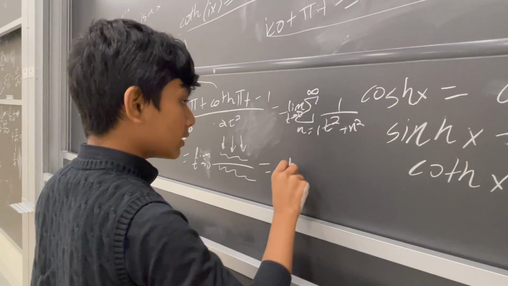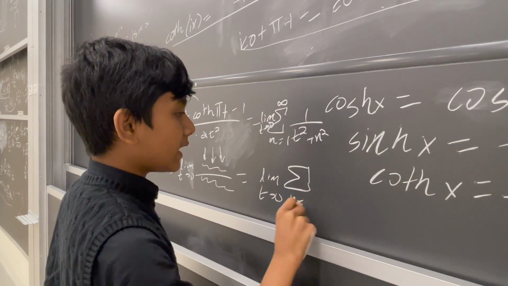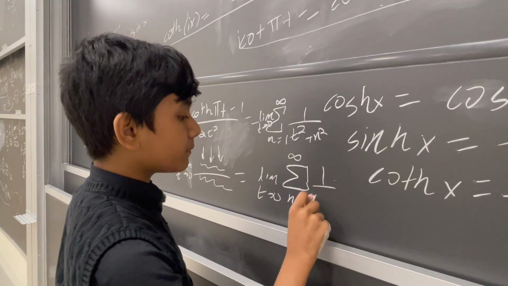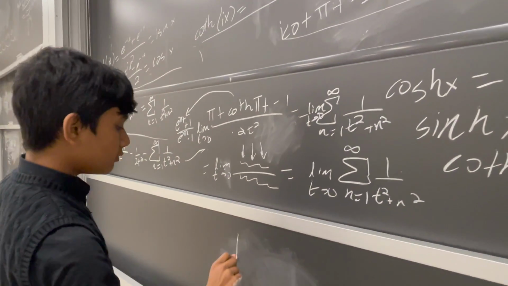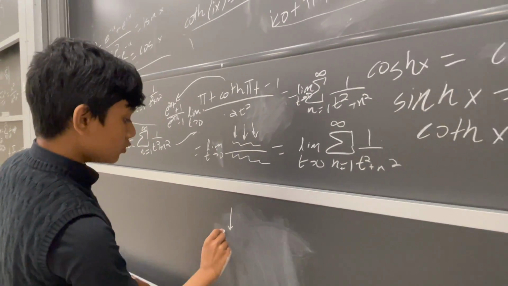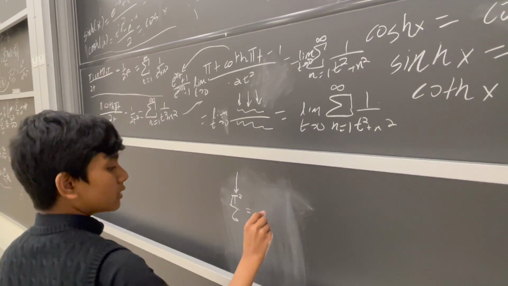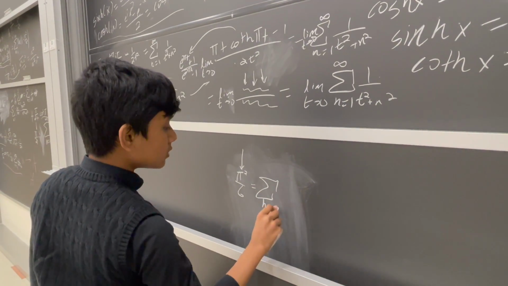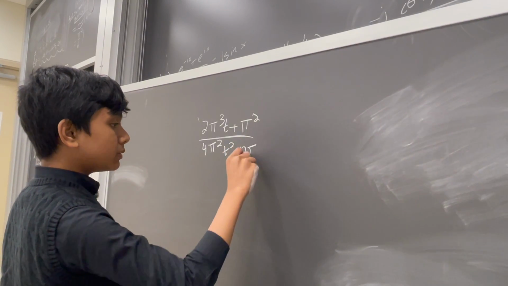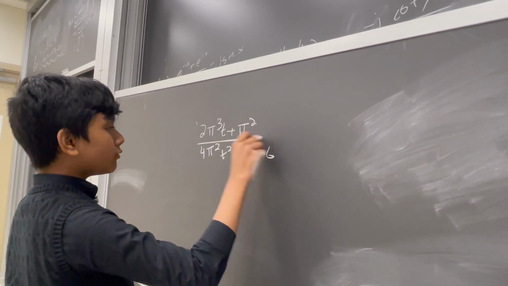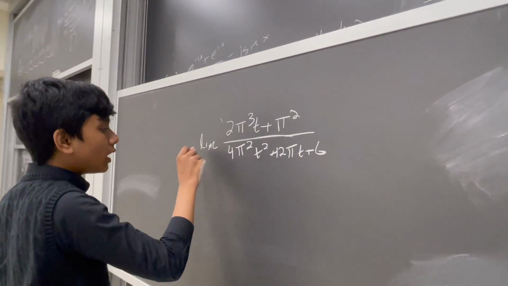This is equal to the limit as t approaches 0. We absolutely don't affect anything over here at all. So once we plug and chug, we get that this is pi squared over 6 is equal to the sum of the inverse squares. That's what you get when you do all the plug and chugging and apply L'Hopital's rule 4 times.